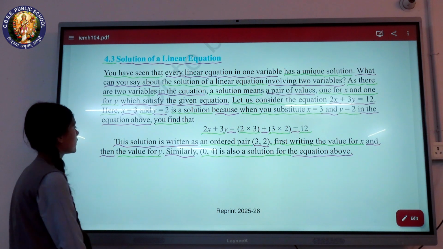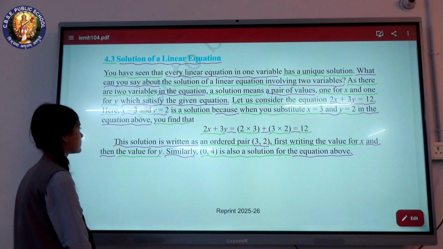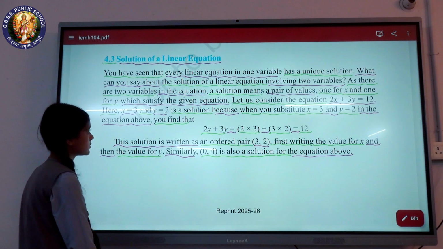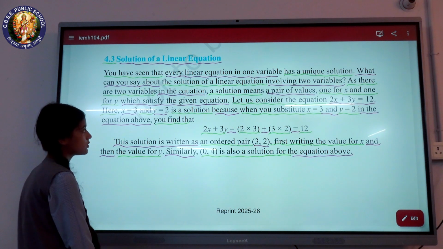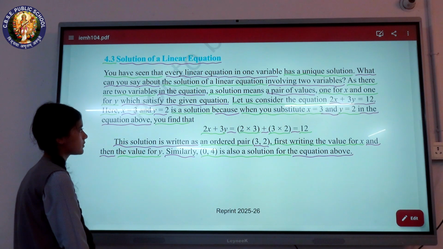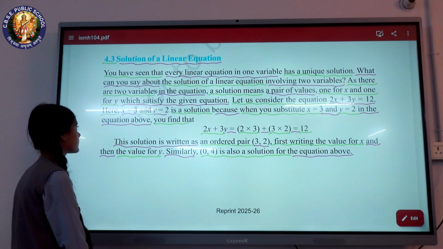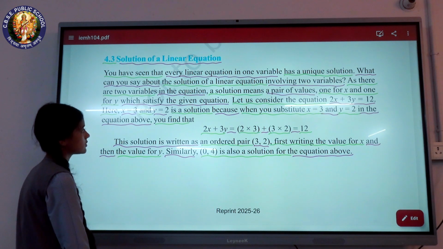As there are two variables in the equation, a solution means a pair of values, one for x and one for y, which satisfy the given equation.